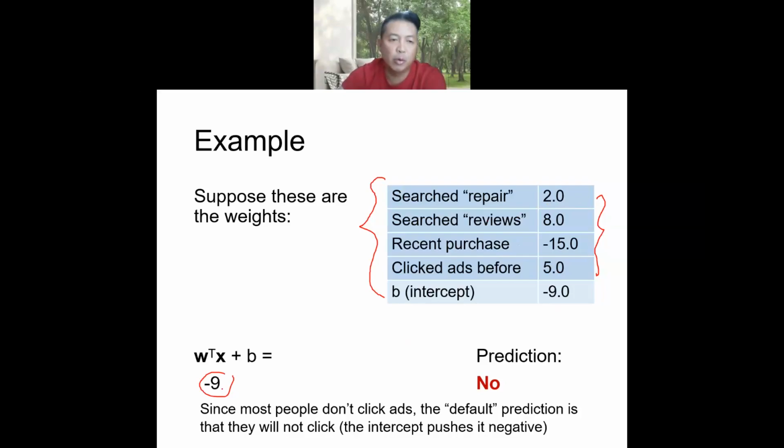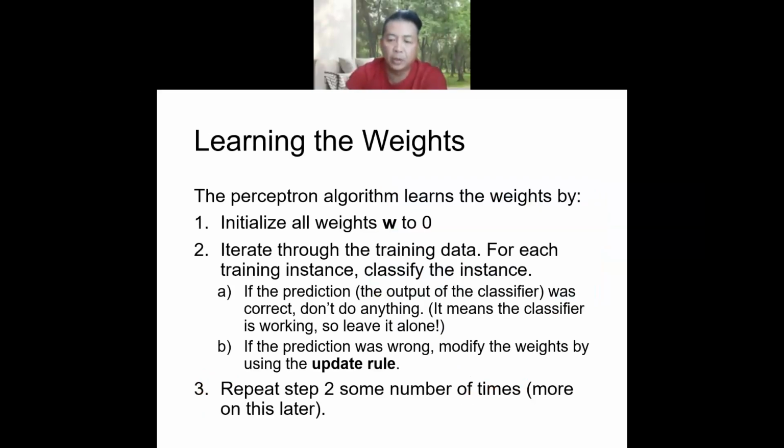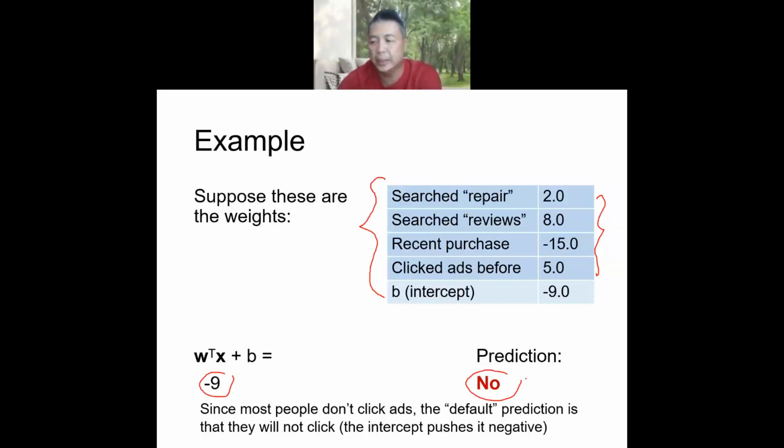So the value will be minus 9, so the prediction will be no. So that's how we use the prediction function in Perceptron. The weightage are all learned by themselves. It depends on the number of iterations, the number of epochs that you have during the initialization of the perceptron.